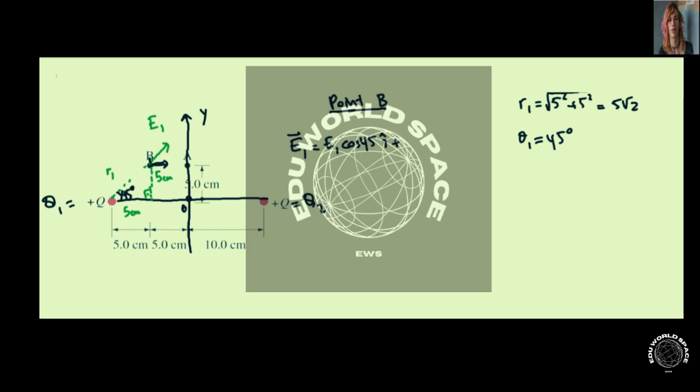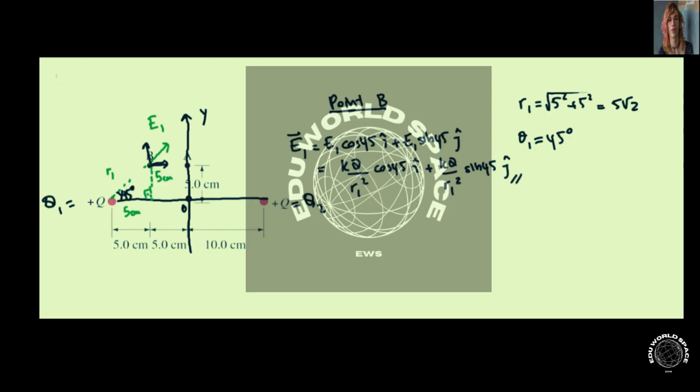For the y component of this vector, which is pointing up, E1y, it's going to be E1 times sine 45 j hat, where we know E1 is kq over r1 squared: kq over r1 squared cosine 45 i hat plus kq over r1 squared sine 45 j hat. All right, let's leave it at that.